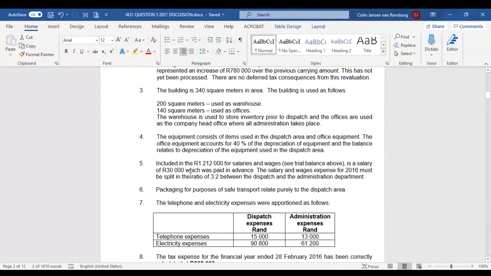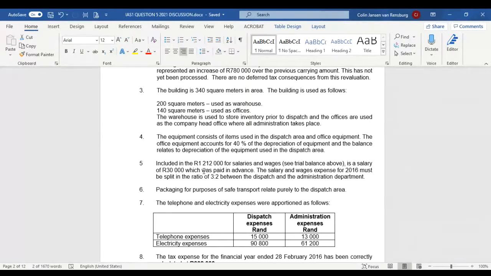Okay, ladies and gentlemen, let's now think. So as it stands, in our trial balance, we've got a figure for salaries and wages of 1,212,000 rands, right? But 30,000 rands of that relates to next year. So one of our staff members has said, listen, I need some of my salary that I'm only going to earn next year. I need it now because I've got medical costs.